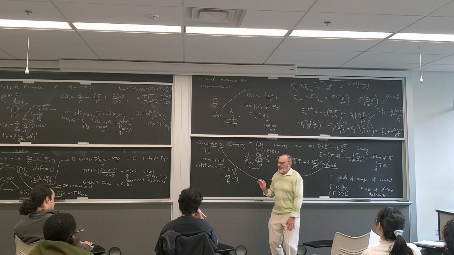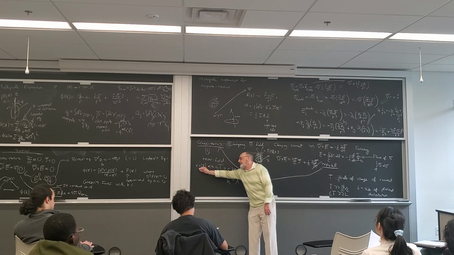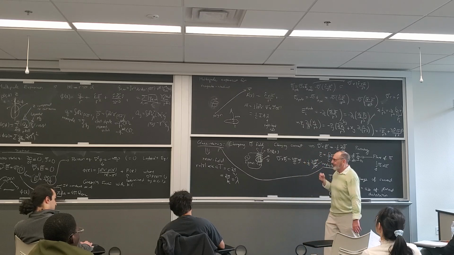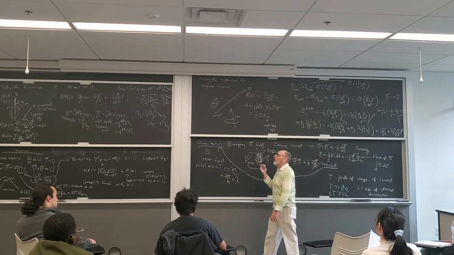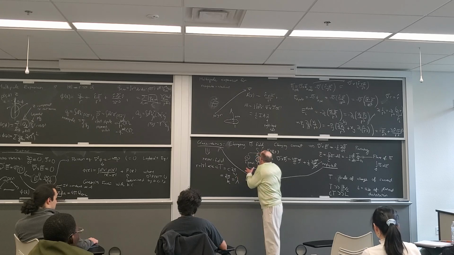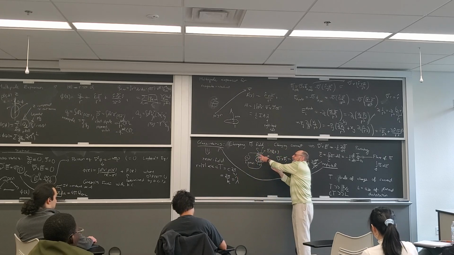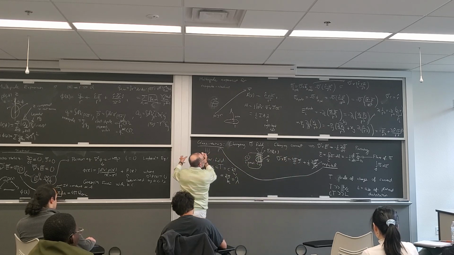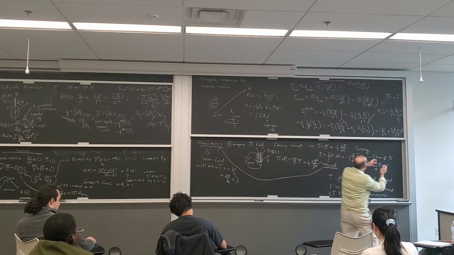In the near field, which is to say we're looking at distances that are close compared to the wavelength at which this system would radiate, what we're saying is it looks like a static dipole, and I just replace everything in this formula that I just wrote.